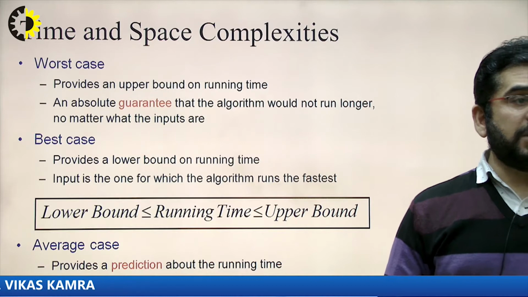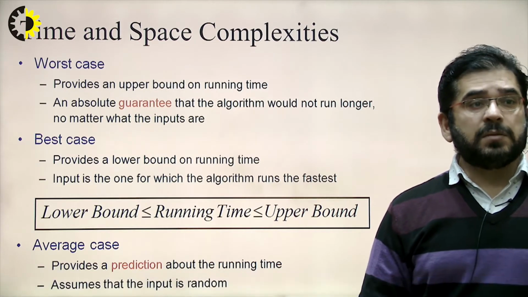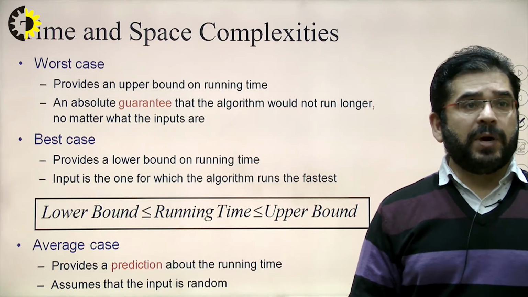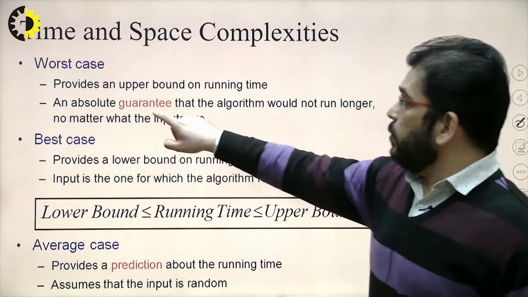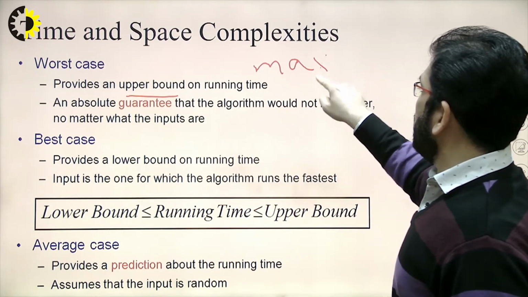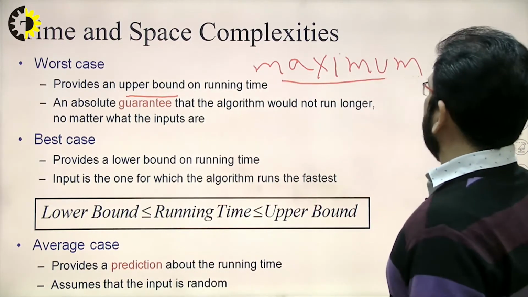Now time and space complexities can be further subdivided into three parts: worst case, best case and average case. Worst case time complexity provides an upper bound on the running time, meaning the maximum time taken by an algorithm or a program to give the desired output.